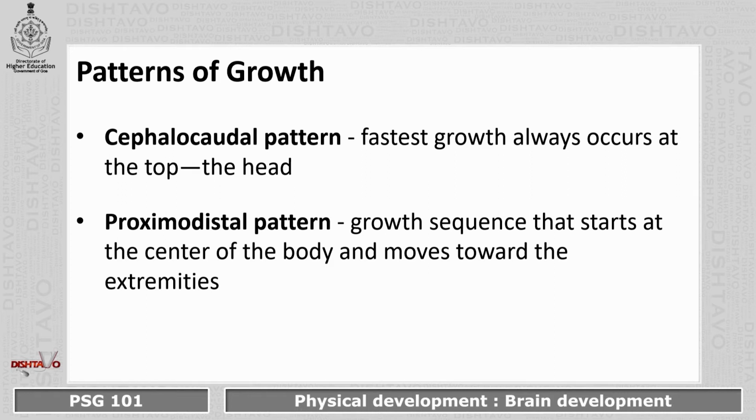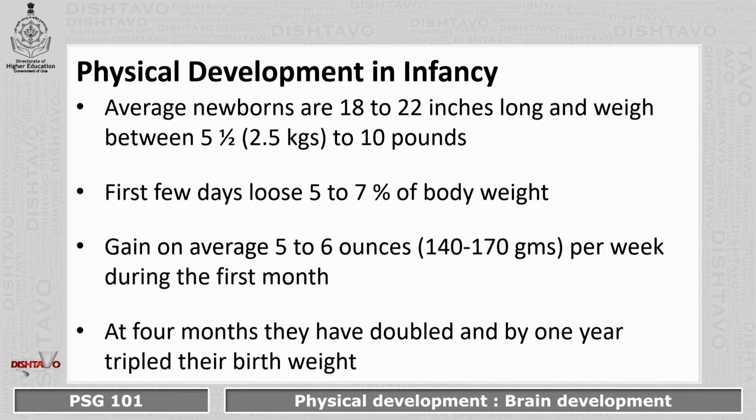The proximo-distal pattern is the growth sequence that starts at the center of the body and moves towards the extremities. For example, muscle control of the trunk and the arms mature before the control of the hands and fingers. Further, infants use their whole hand as a unit before they can control their fingers.